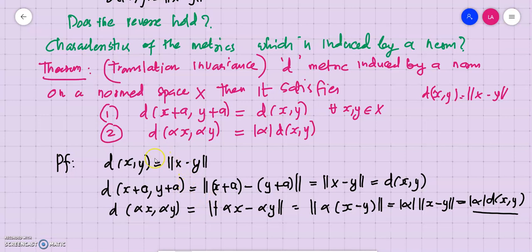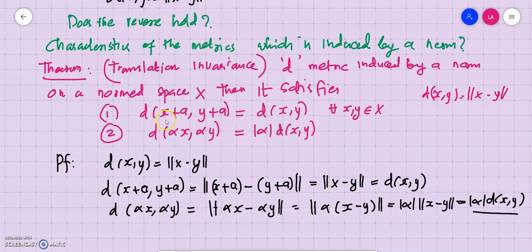So we have established our proof that every metric space in which the metric has been induced by a norm satisfies the translation invariance properties. That means if you multiply the vector by an arbitrary constant, the metric is also multiplied by the modulus of that constant.